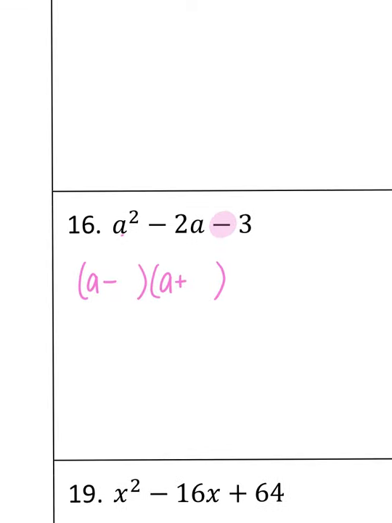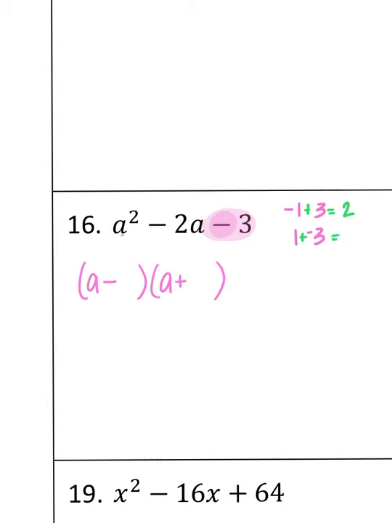So let's find the factors of negative 3. The factors of negative 3 would be negative 1 times 3 or 1 times negative 3. Okay? Now I can still do my same technique. I can go back and add my factors. Negative 1 plus 3 is 2.